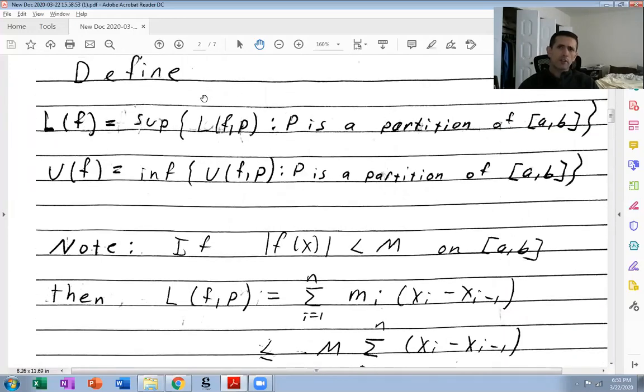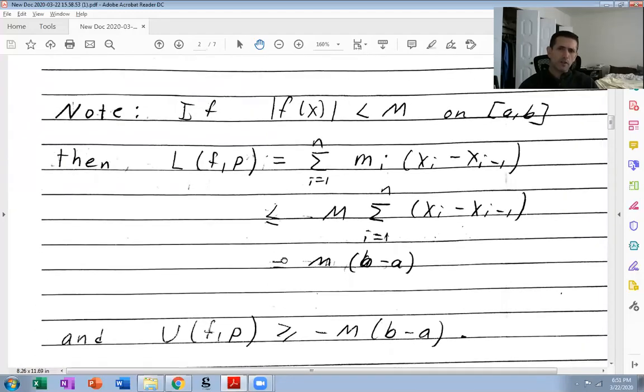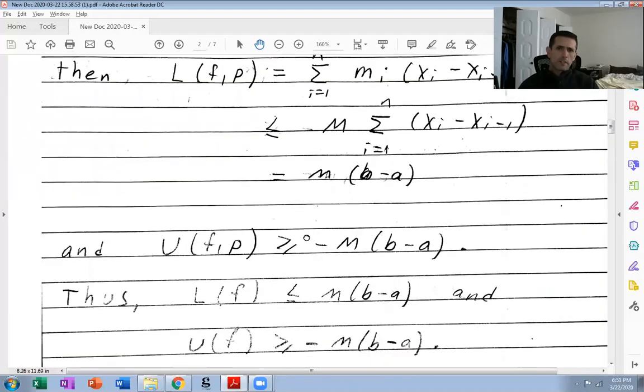So this set is bounded above, this is bounded below, so these exist. And not that it's very important, but we really did just prove that we have these very crude bounds for the lower and upper Riemann integrals.